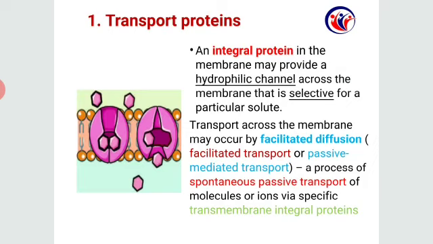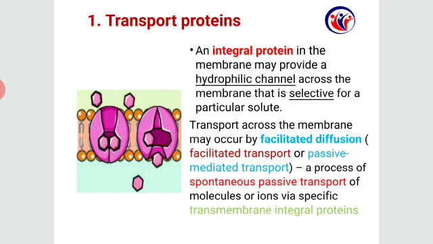Now, transport across the membrane may occur by facilitated diffusion. We know diffusion is a movement of molecules from where they are in high concentration to where they are in low concentration, down a concentration gradient. That process does not involve energy. It is a passive process. We are saying facilitated diffusion because the membrane protein is facilitating the movement of particular ions, particular molecules across, either into the cell or out of the cell.